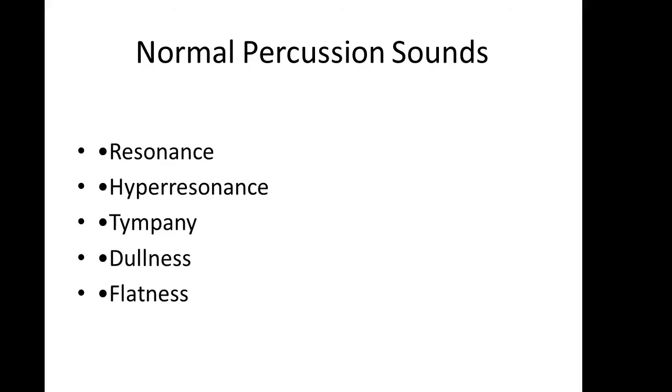Okay, so the normal percussion sounds that you can hear. Resonance: that is what you would hear over hollow organs like the lungs or an air-filled cavity. Hyperresonance: lungs in small children or maybe adults with emphysema.